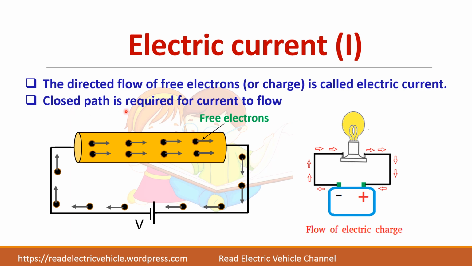So only when there is a closed path, electric current can flow. And another thing is, we have taken the electron direction as the electric current, but conventionally it is assumed that the current always flows from the positive terminal. So the conventional current direction is just opposite to the electron direction.